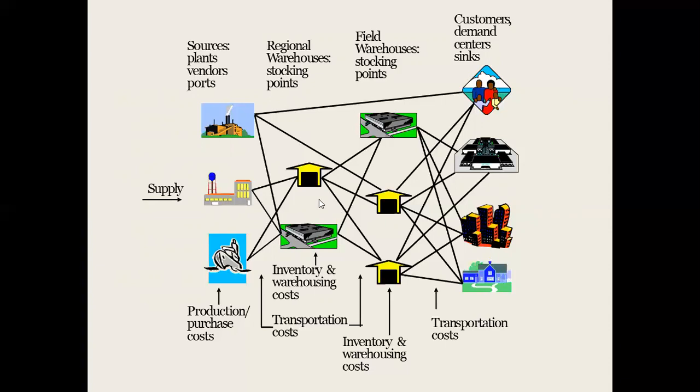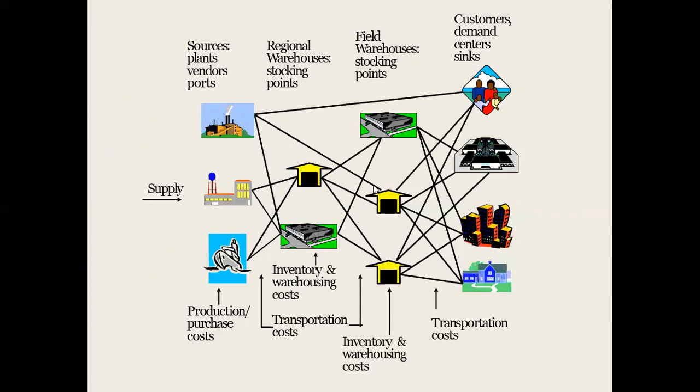So this is my inventory, and when there is a warehouse, there will obviously be some inventory and warehouse cost. And when we are gathering those raw materials, that is the procurement process, there will be transportation cost. After that, we go to the factory process.